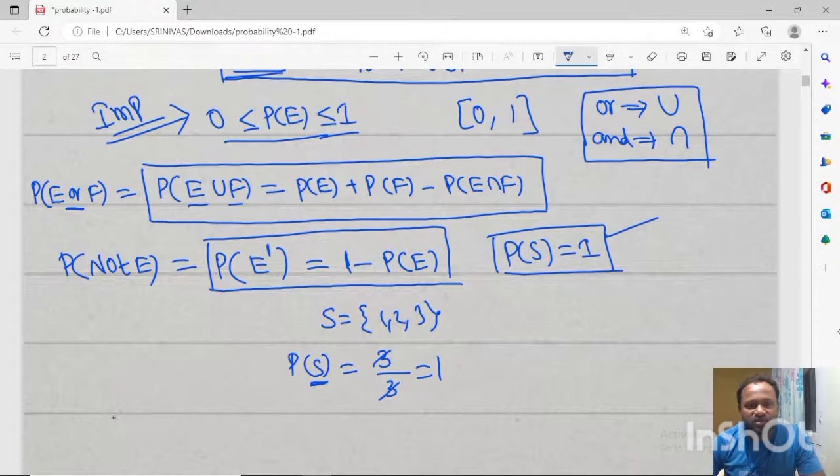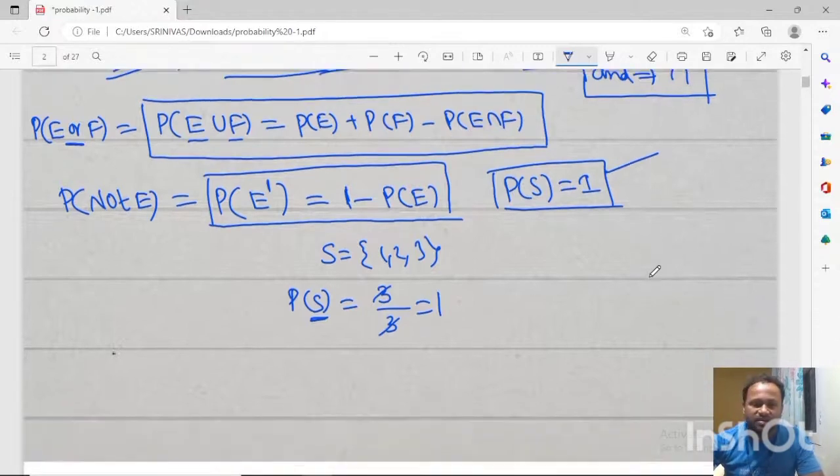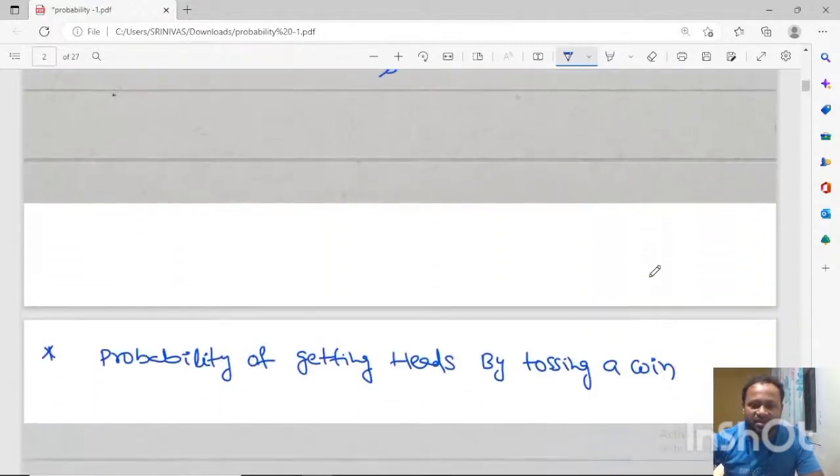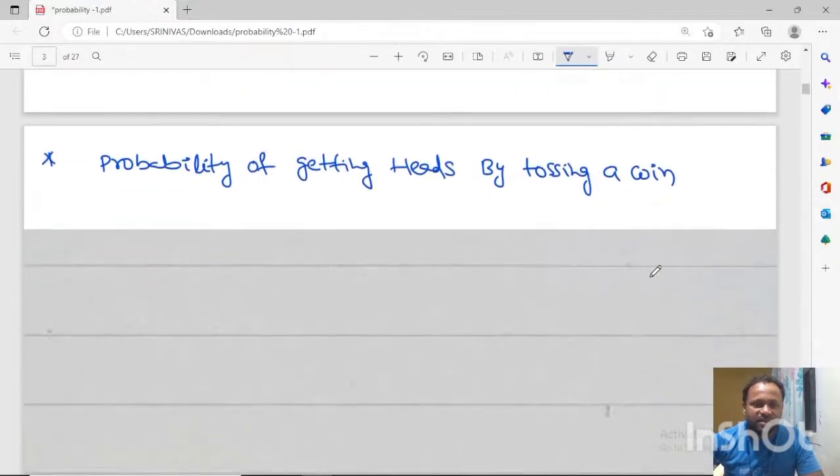So these are the majorly useful formulas. If any more formulas come, I will explain them in that problem. Let us see our first problem. See the question.